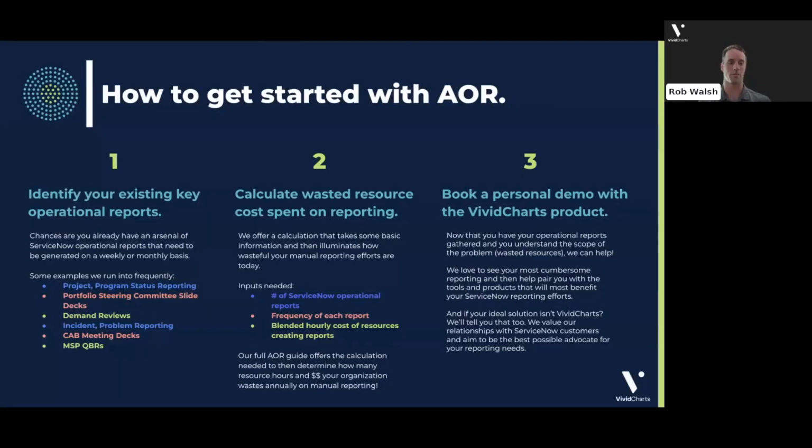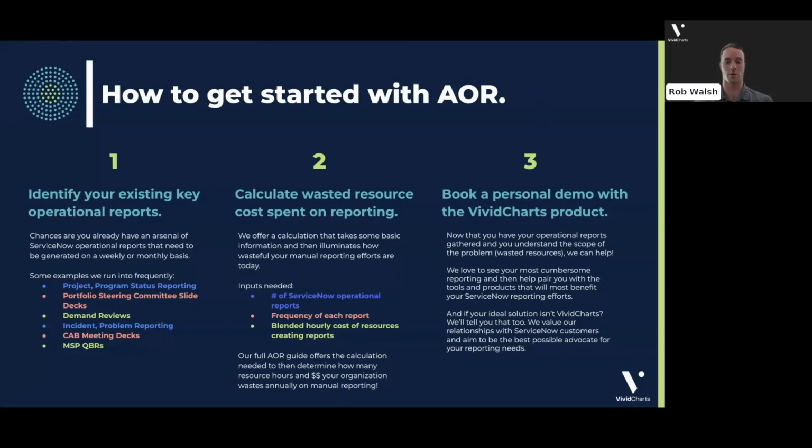But the first thing that we encourage you to do is identify your existing key operational reports. Many of these I referenced throughout the workshop. So project status reporting, whether it's a weekly or bi-weekly cadence, steering committee reviews for portfolios, incident problem reviews that take place monthly.